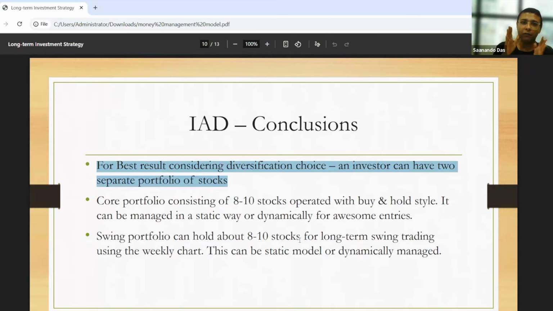So immediately, if you have 10 lakh to invest, the first thing you should start with is creating a list of which stocks you should consider as core portfolio, and which stocks can be considered for swing portfolio. Let me give a few examples. In our core portfolio, we should choose stocks which are going to stand the test of time.